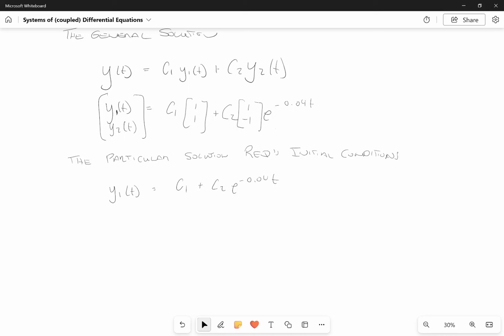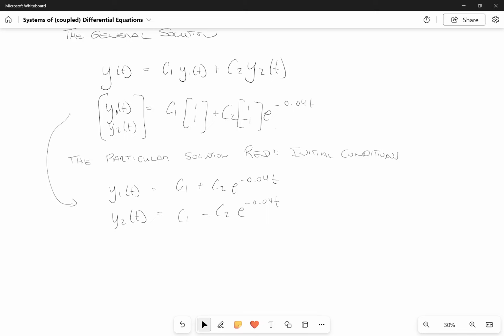And then y2 of t from this equation is c1 minus c2 e to the negative 0.04 t.